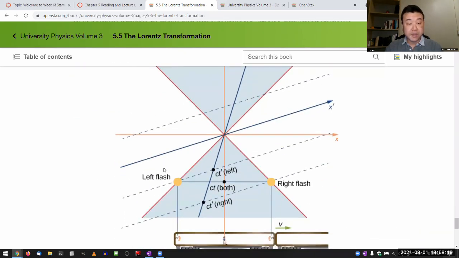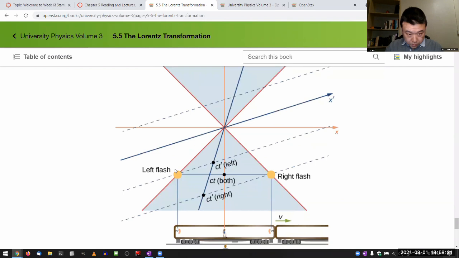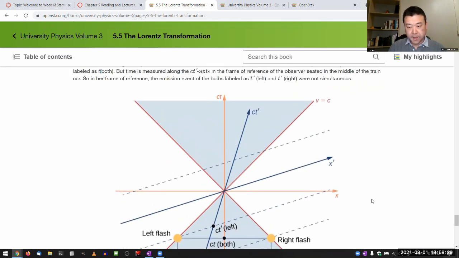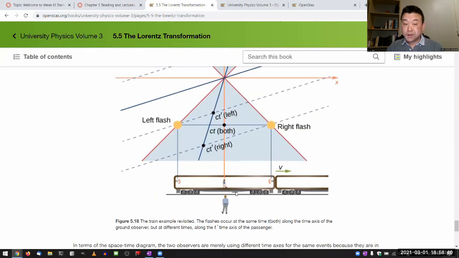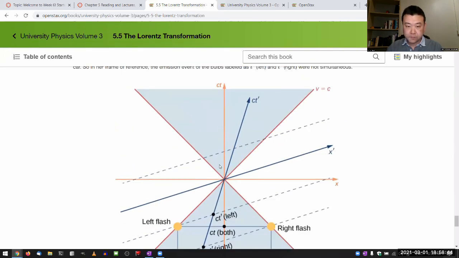This is a subsection within section 5.5 where you will see that description of simultaneity. What this is showing is that the left and the right flash were set up to be simultaneous in this coordinate system, x, which is described as our resting frame, the frame of observer B. The reference frame of observer A is described with axes that look like this, x prime and ct prime.